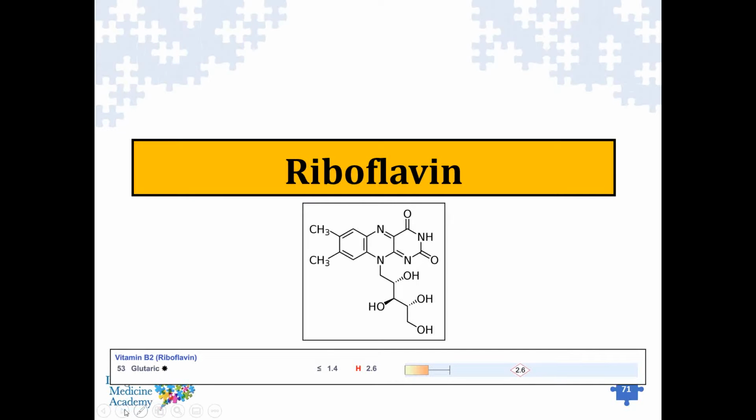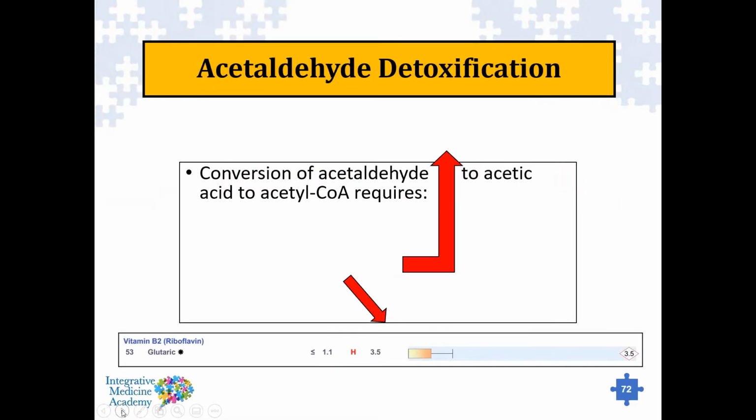And one of the reasons that that's high, at least this has been a very strong suspicion of mine, because it seems to correlate very strongly with what's found on page 1 of the organic acid test, and that is that glutaric is commonly elevated on the OAT in the presence of candida and yeast elevation seen on page 1.